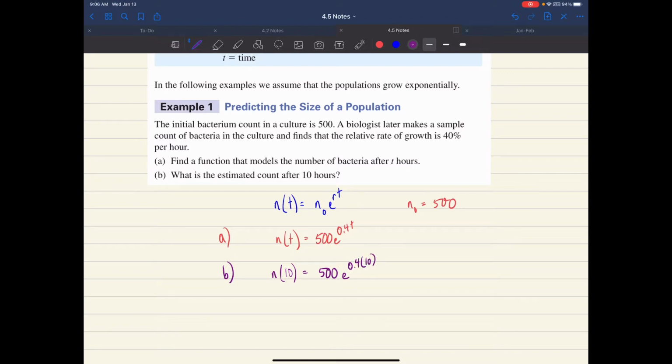And if you calculate that out with the calculator, it's approximately 27,300. And this is bacteria. So that's one of the most straightforward examples you could do. Just find the function and check a value in it.